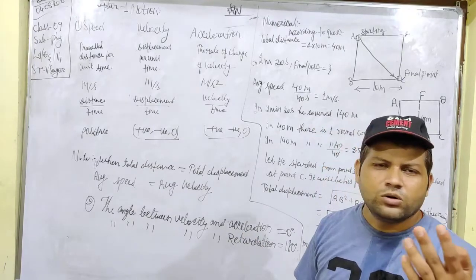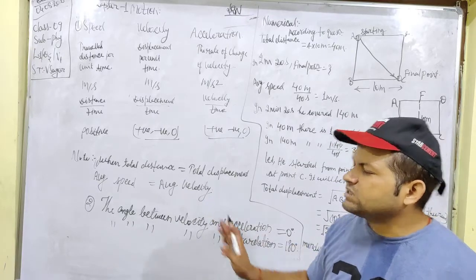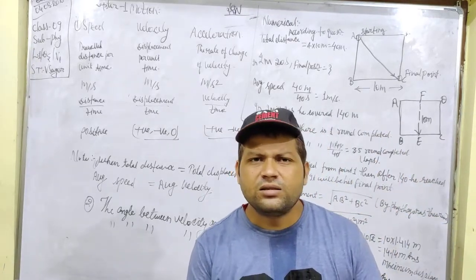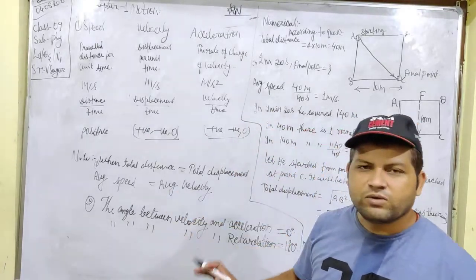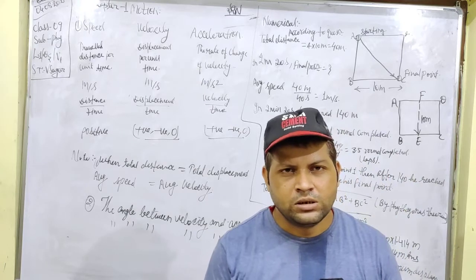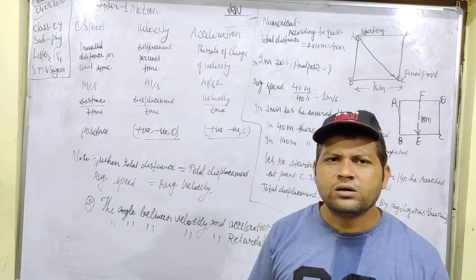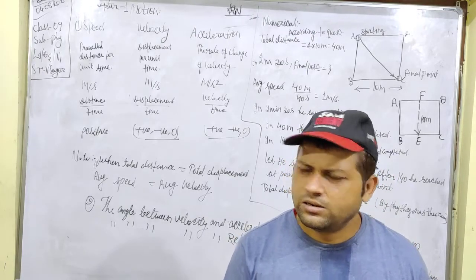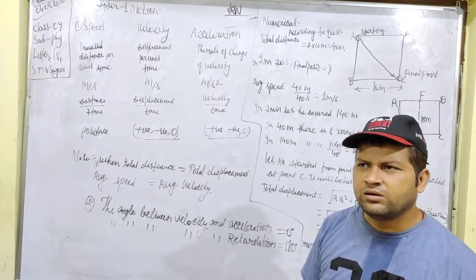And you have to note one thing: when total distance is equal to total displacement, then the average speed will be equal to the average velocity. This happens during the motion of a body along a straight line, not in a circular path, right?